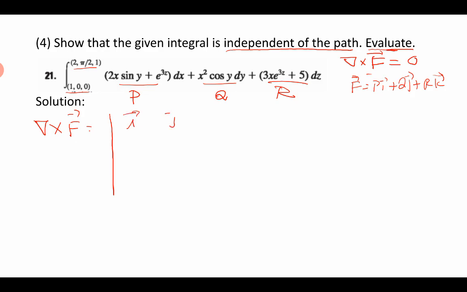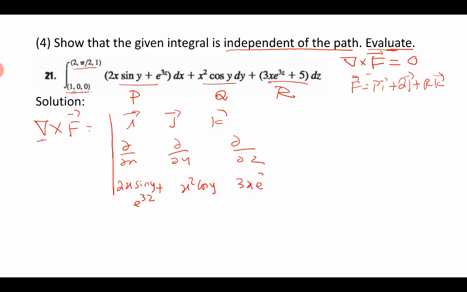Now i j k, dou by dou x, the components of del, dou by dou y, and dou by dou z. First component is 2x sin y plus e raised to 3z. Second component is x square cosine y. Third component is 3x e power 3z plus 5.